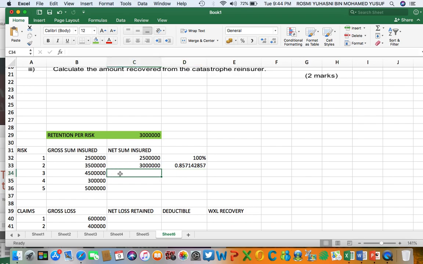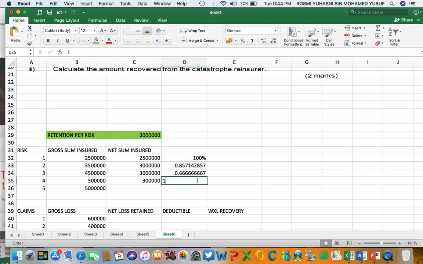For risk number 3, gross sum insured is 4.5. The net is only up to 3 million. In terms of percentage, insurer will retain up to roughly 66.6%. For risk number 4, gross sum insured is 300,000. They will also retain up to 300,000.